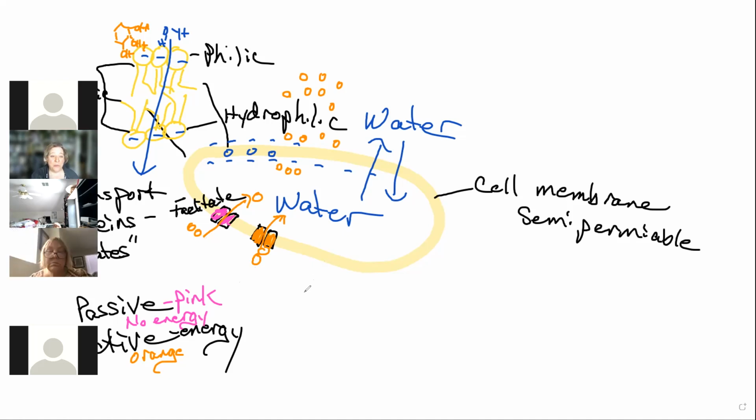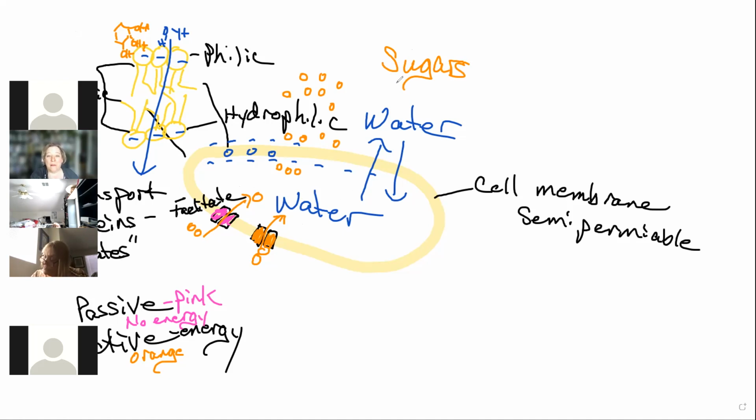Now this works with anything that is hydrophilic. So it works with sugars. Sugars cannot diffuse in and out of the cell unless it's facilitated by a passive transport protein. They have to be actively transported by an active transport protein if there's low concentrations outside, or if I've got a high buildup of toxins and I want to shunt them out.